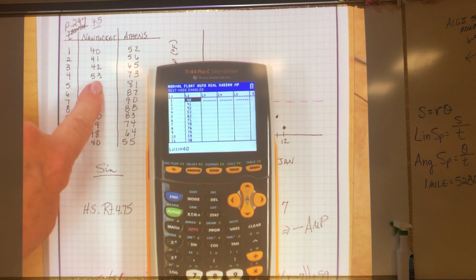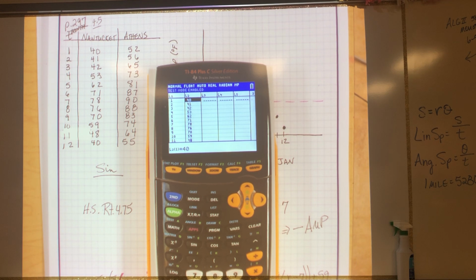These are my x's and these are my y's. And then stay with me now.